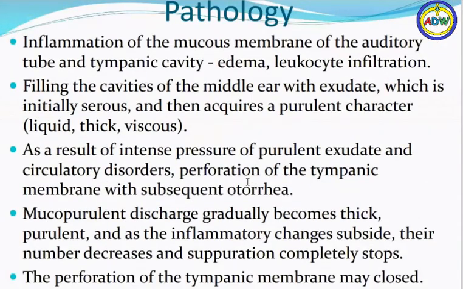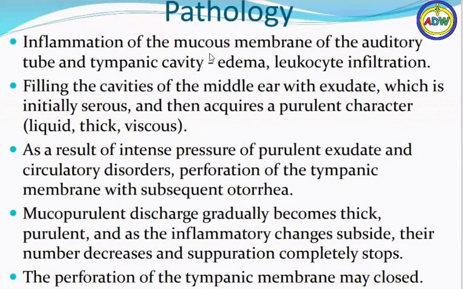Okay. What about the pathology? How is the pathogenesis of the inflammation? First of all, there will be inflammation of the mucosal membrane of the auditory tube and tympanic cavity.